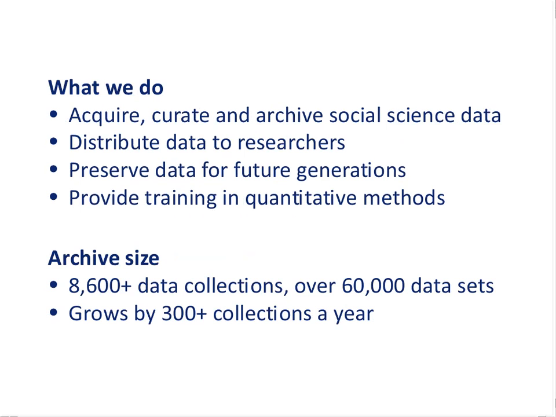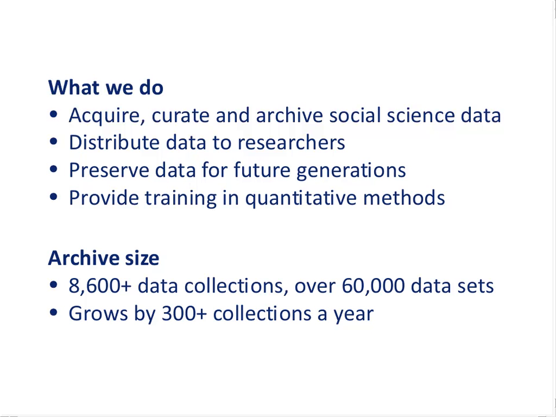As an archive and as a repository, we do a few things. We acquire, curate, and archive social science data. We then distribute it to researchers, both the metadata, or the information about the collections, as well as the data in numerous formats to make it easier for them to use, both on their desktops and in the browser.